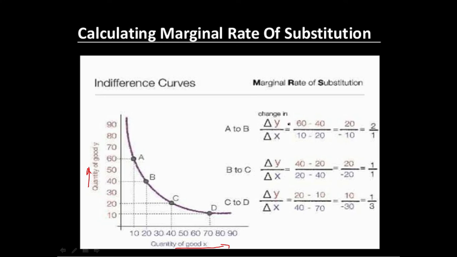So change in Y, delta Y, equals 20. Again, when we see the X axis, it has increased from 10 to 20. When there is a decrease in the commodity on the Y axis, then only there is an increase in the commodity on the X axis. So 10 minus 20, that is minus 10. Ignoring the minus, we get 2 by 1. Likewise, we have calculated the marginal rate of substitution on the indifference curve.